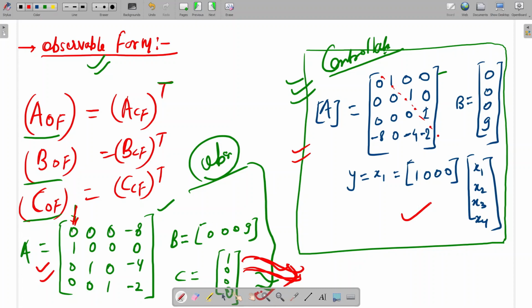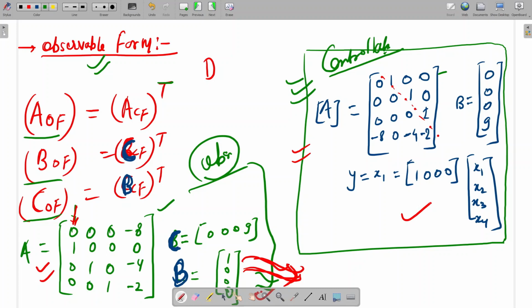B of OCF is equal to the transpose of C of controllable. B will be the transpose of C and C will be the transpose of B. So this will be B and this will be C. I made a mistake here.